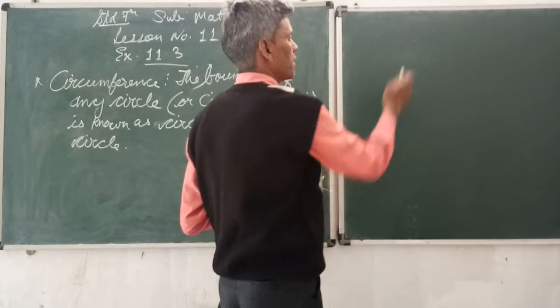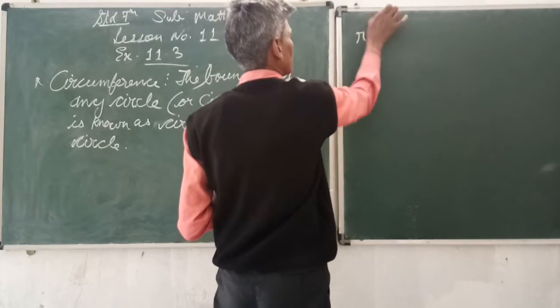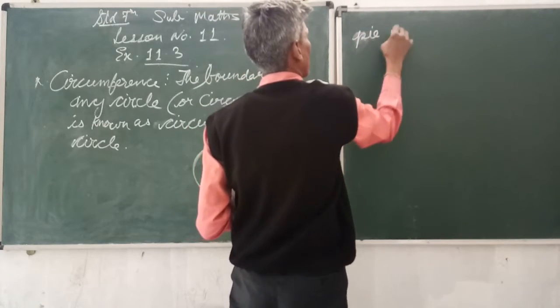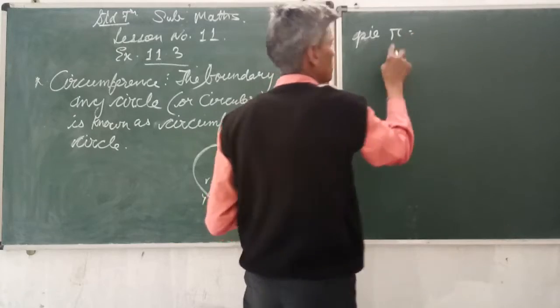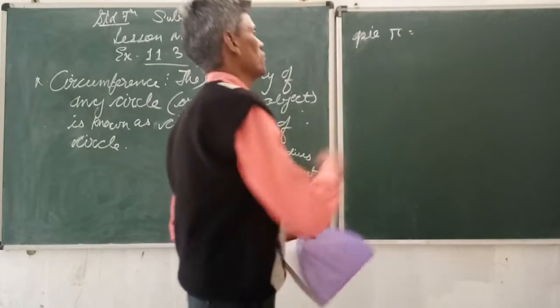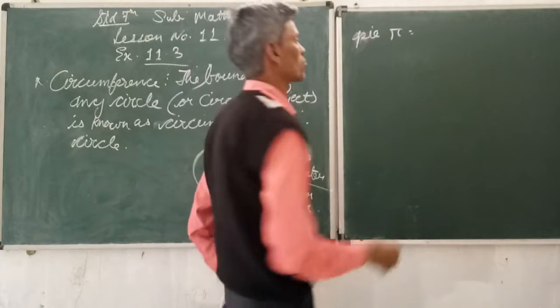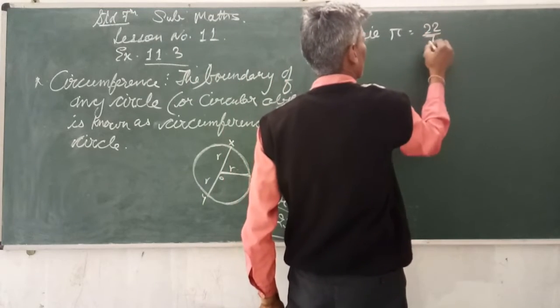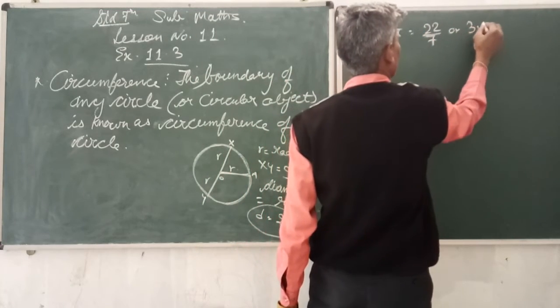Now there is one term, that is pi. It's a Greek word, pronounced pi. Its value is constant, 22/7 or 3.14.